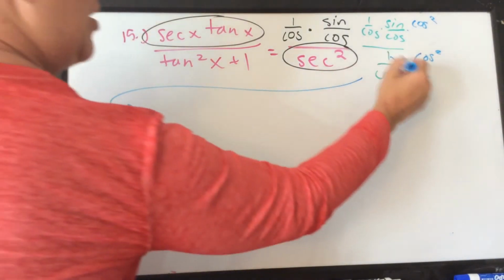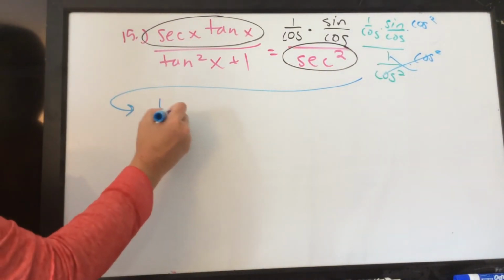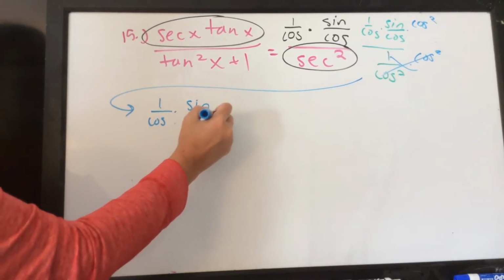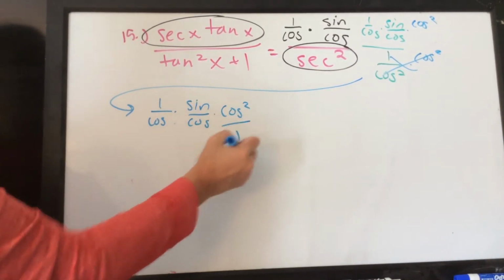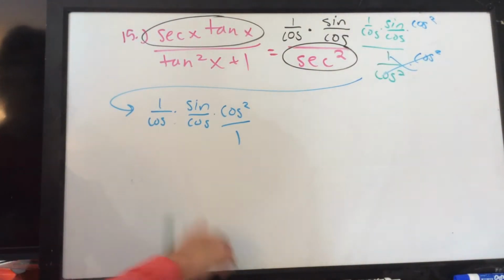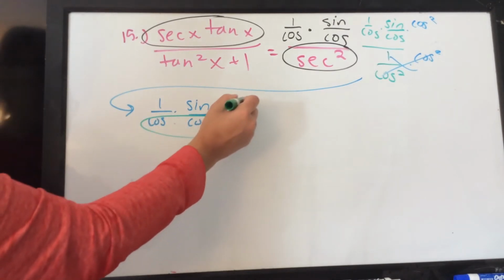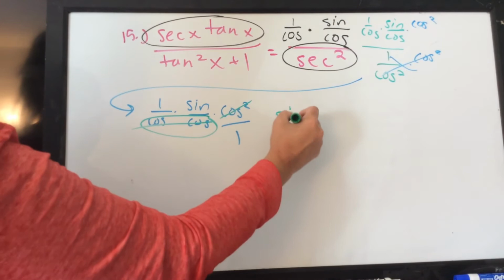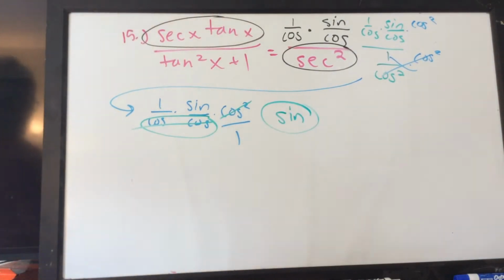The bottom is gone. Up top, I've got 1 over cosine, sine over cosine, cosine squared. Now look, we can cancel. I've got 2 cosines here and 1 there. So 15, all that mess turns into sine x.